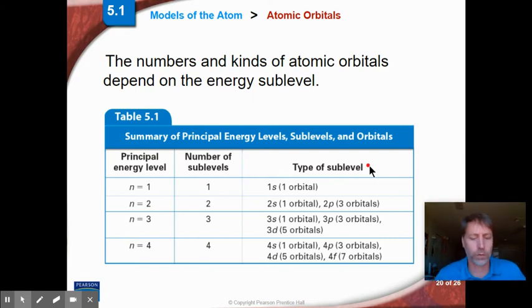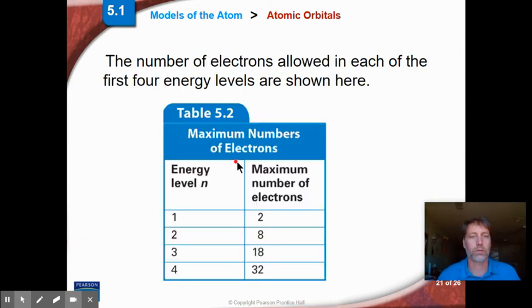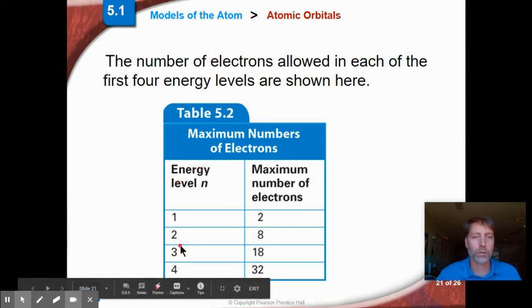One thing to understand about the principal energy level is that each orbital can hold two electrons. Think of an energy level, as you'll see in the next chapter when we talk about the periodic table: each one of these energy levels corresponds to a row on the periodic table.